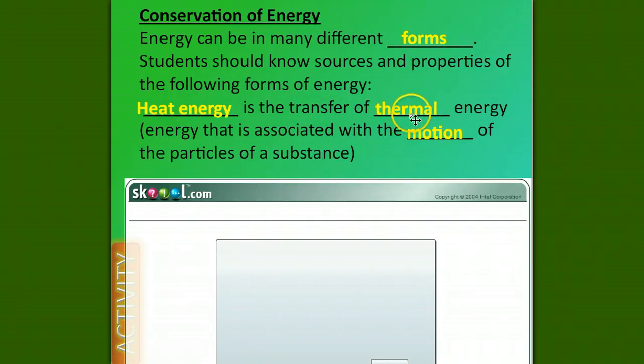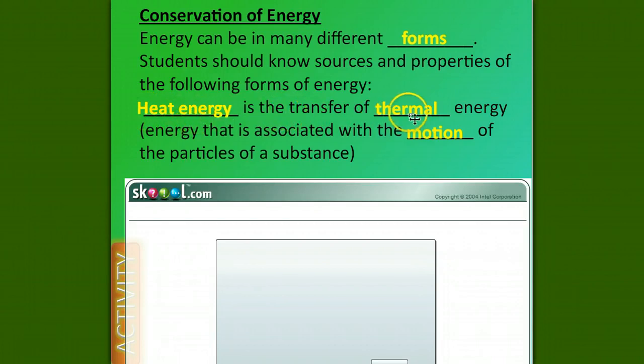Thermal. Therm in English class means heat. When we talk about a thermos that you put into your lunchbox, it keeps things hot, like soup. So a thermos keeps things hot. Heat energy, heat means hot, or lack of heat means cold.